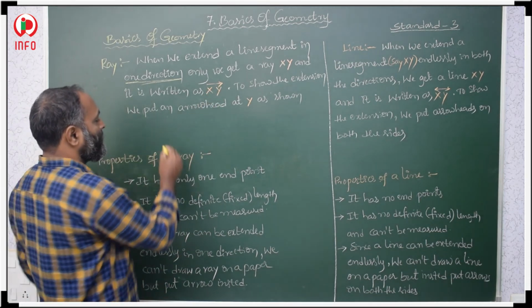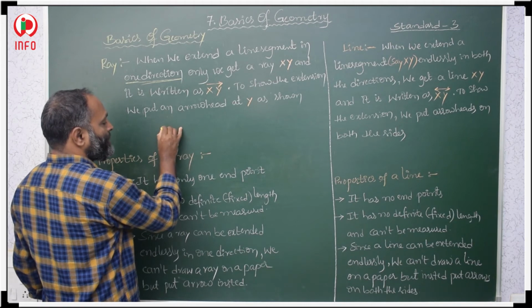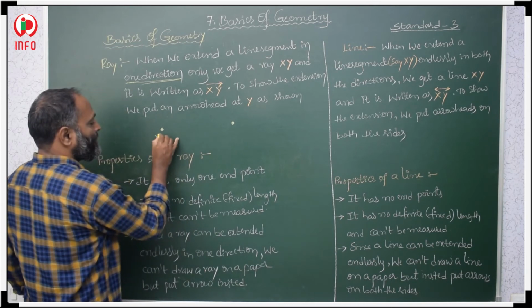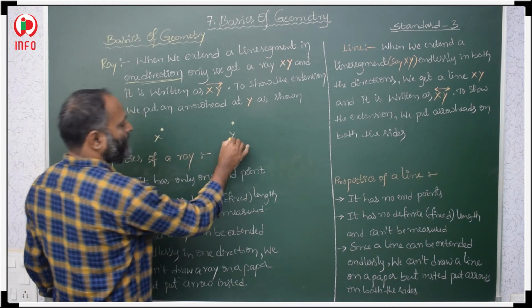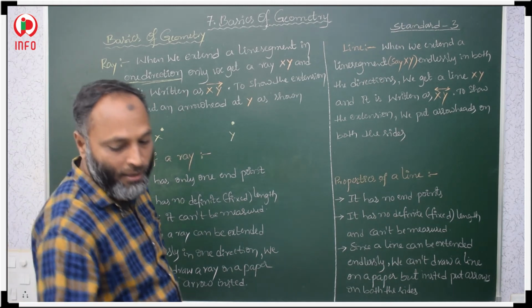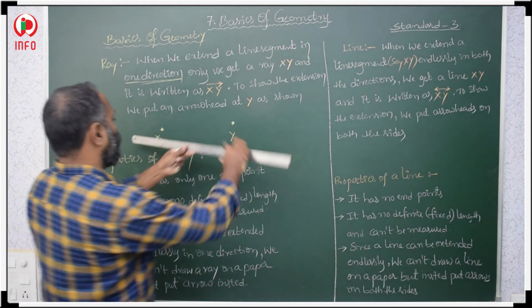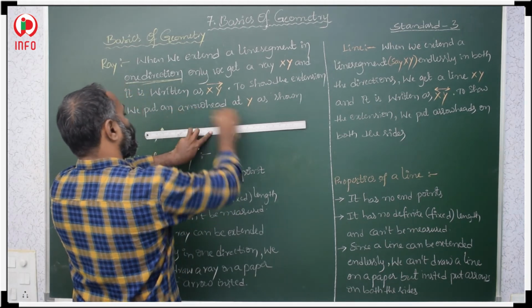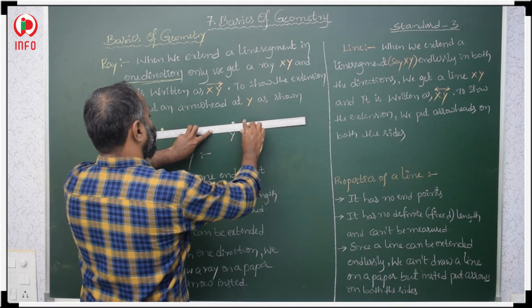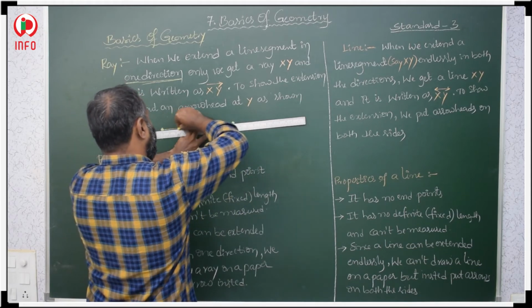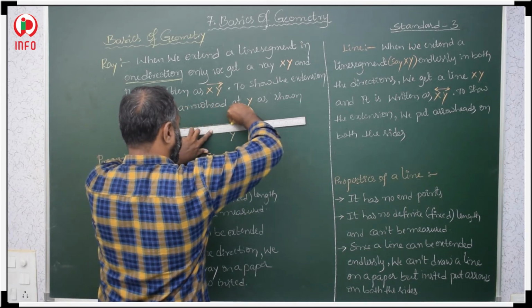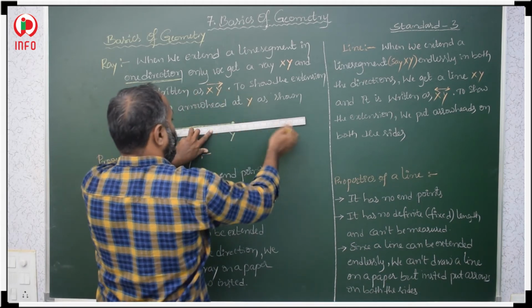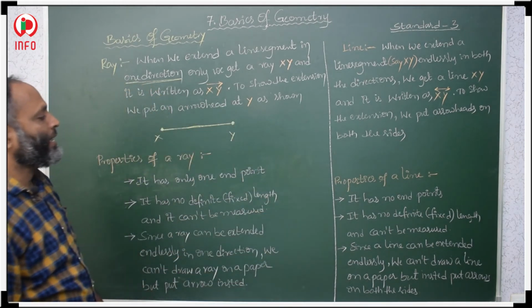So then how is it? Here X is a point and here Y is a point. Now you join X and Y with a ruler. This is your line segment.